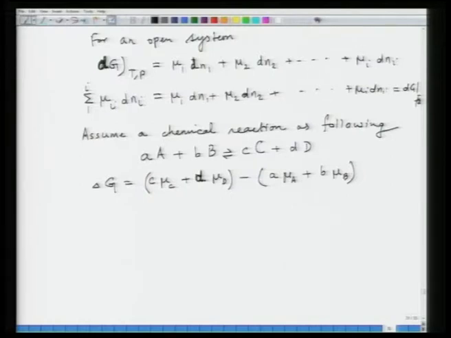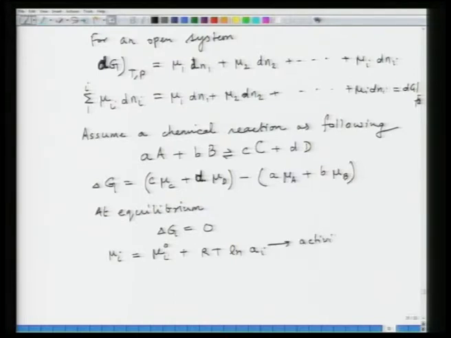Now, at equilibrium what happens? At equilibrium delta G is equal to 0. So, this we know. And we know that mu i is equal to mu i naught plus RT ln ai, where ai is the activity of the ith species. Now, what is activity?